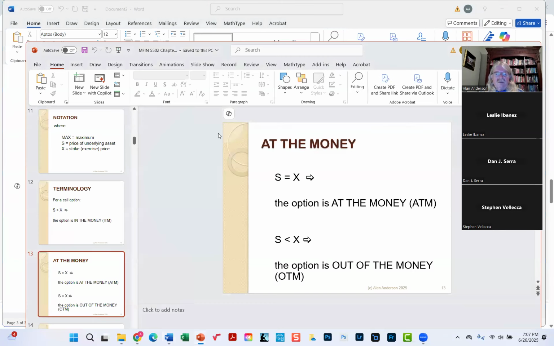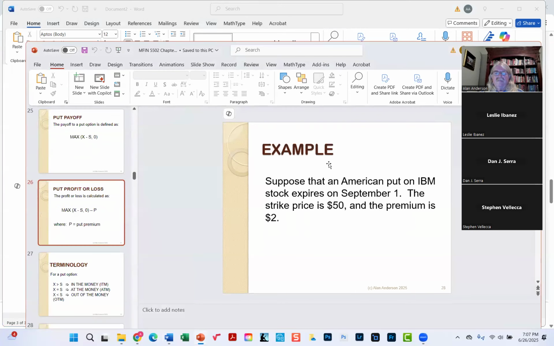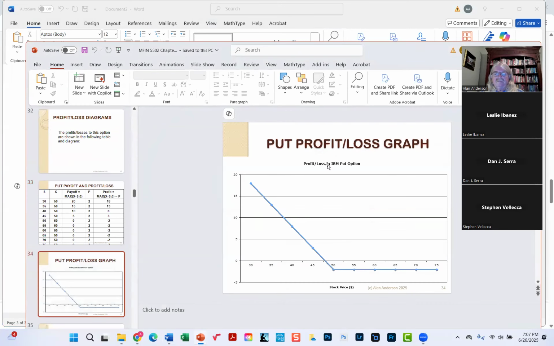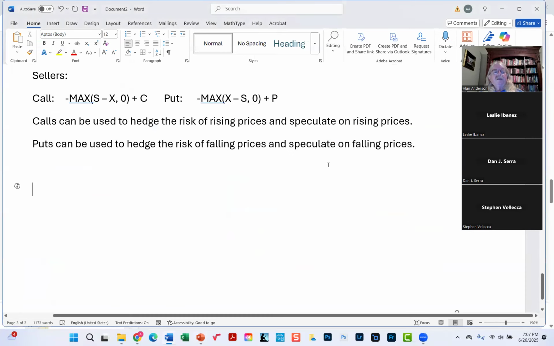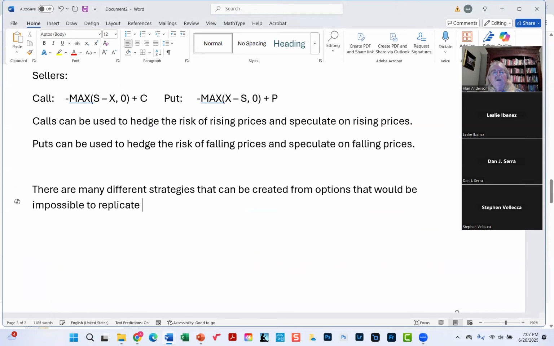And then, of course, we saw that there are all these wonderful strategies we could employ. There are many, and I mean many, different strategies that can be created from options that would be impossible to replicate with other securities.